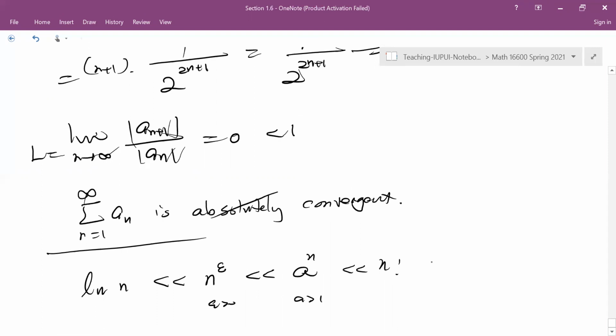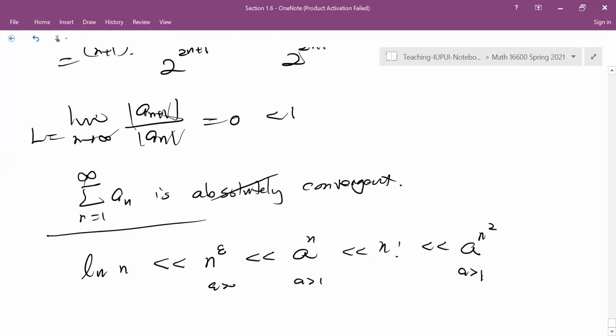Now we have another picture: it's going to be less than a to the n squared, and maybe less than or equal to n to the nth power. It depends on which one is on top.